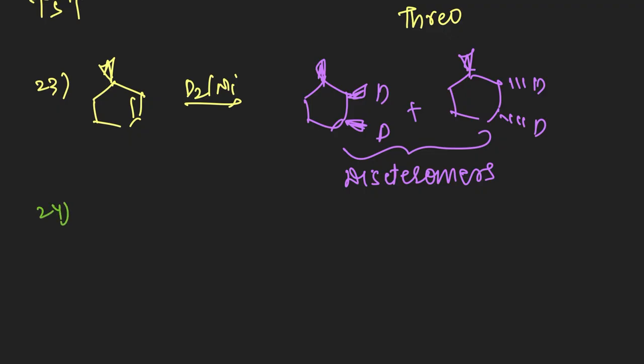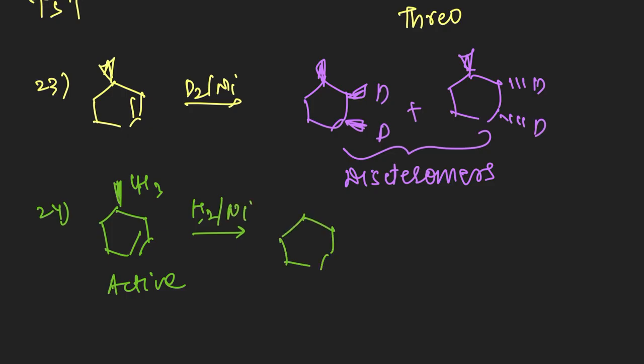We have this compound, CH3. This is optically active. Now when it reacts with hydrogen and nickel, it will become optically inactive.